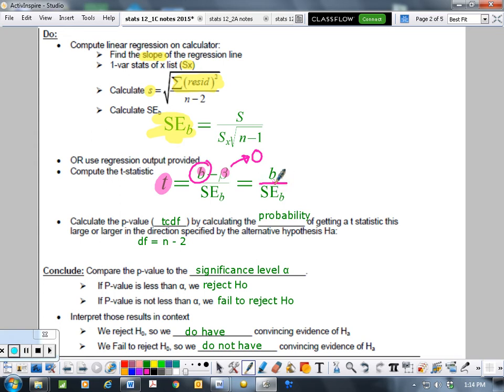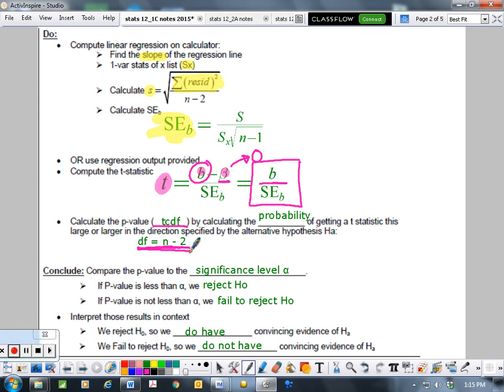Because this ends up being 0 due to our null hypothesis, this is the formula we're going to end up using. Then we calculate the tcdf by calculating the probability of getting the t-statistic this large or larger in the direction specified, with the degrees of freedom being n minus 2.